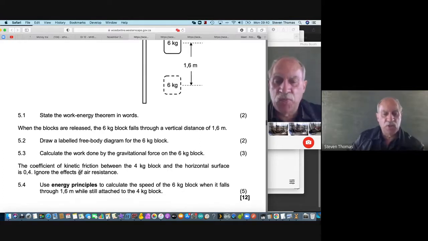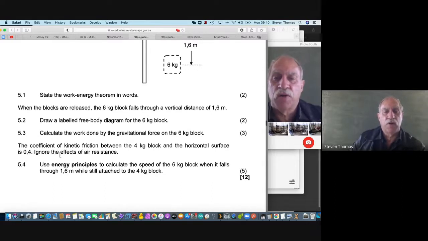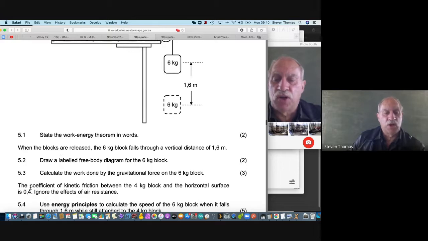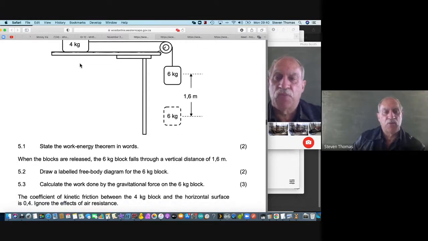Use energy principles to calculate the speed of the 6-kilogram block when it falls through 1.6 meters while still attached to the 4-kilogram block. So we've got a coefficient of friction, which is 0.4, and that's between the 4-kilogram block and the surface.